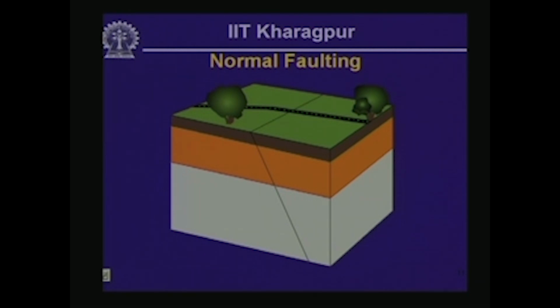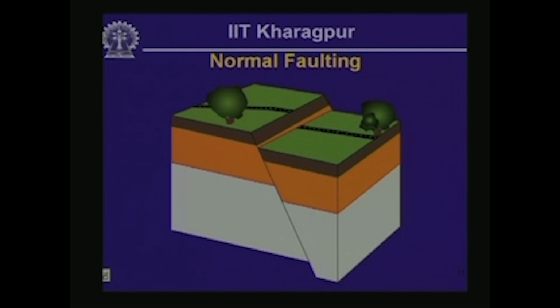How normal faulting can be viewed from the perspective of mechanics, as a problem of failure of rock mass. So this is how a normal fault develops. We know that already, and here sigma 1, or the major principal stress, is going to be in the vertical direction.